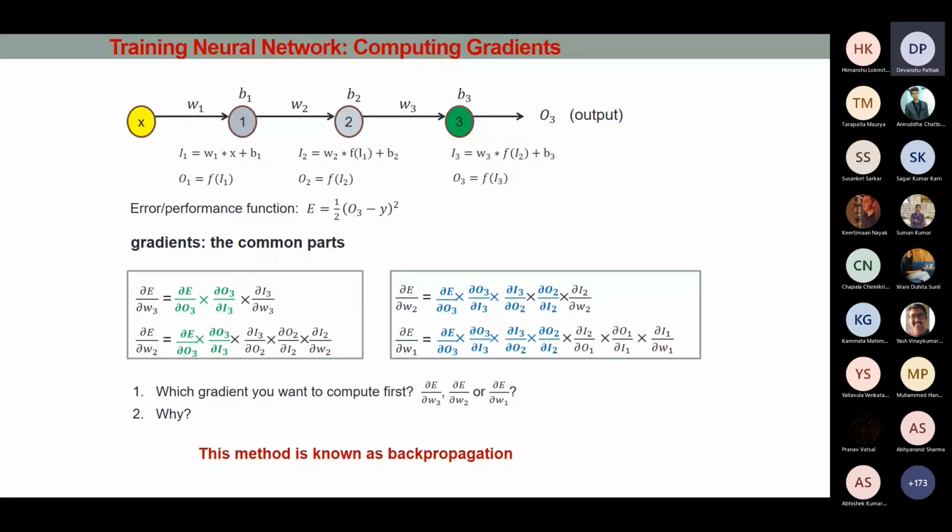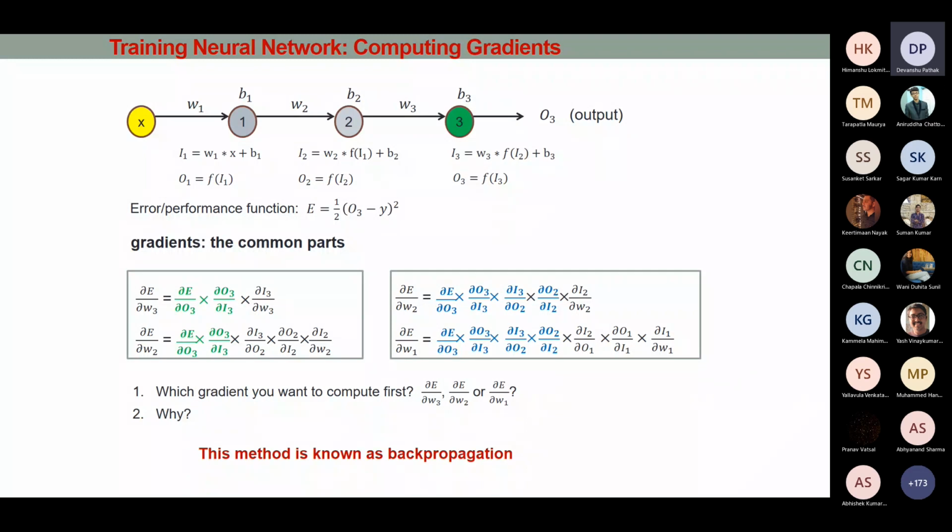Okay, then what about del E del W n? Number of expressions? The previous 5, 3 plus 2, right? Yes, that will be 5.